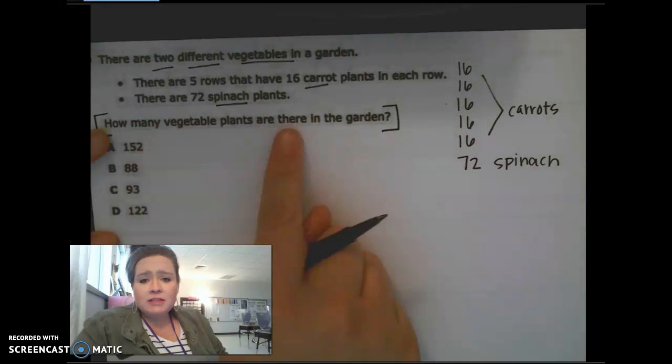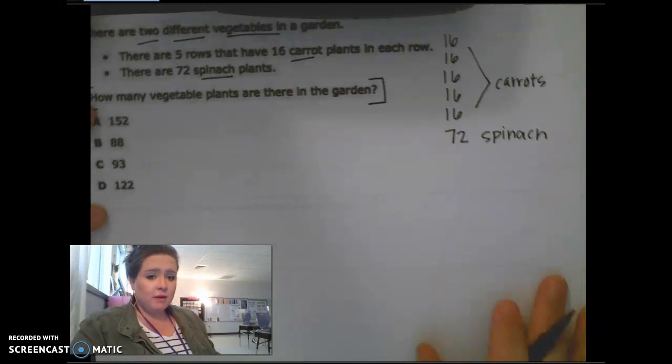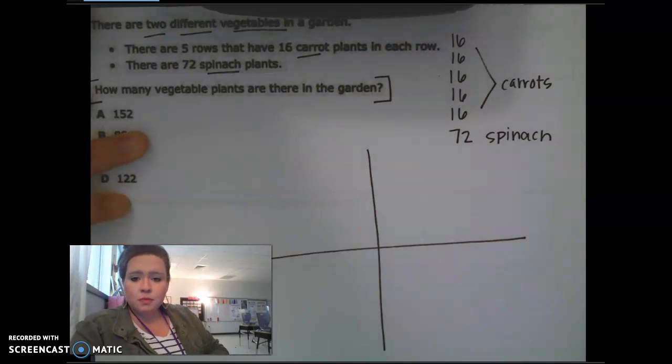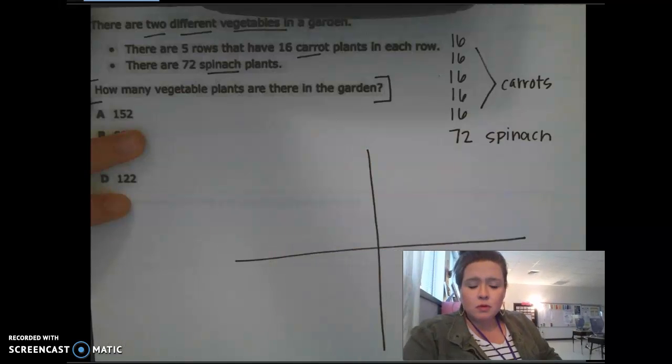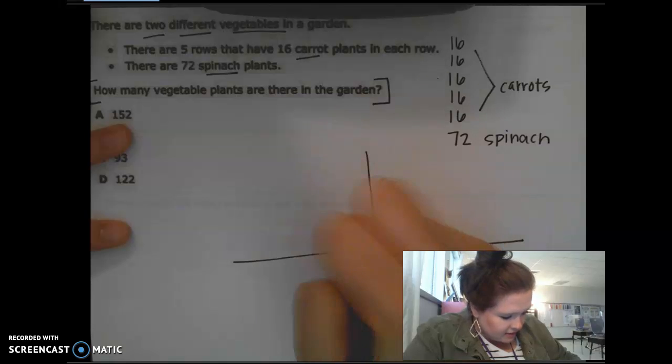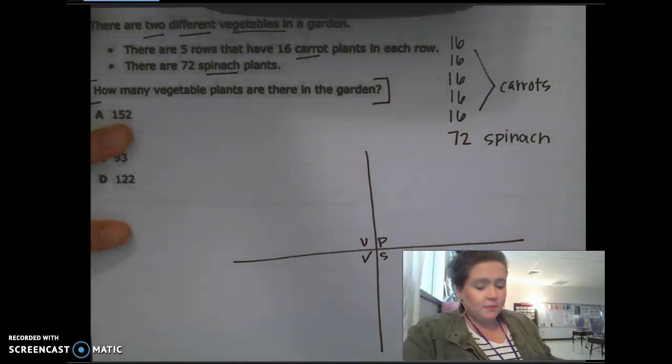How many vegetable plants are in the garden? Well, I'm going to make my UPS check. Okay, this is my U, my P, my S, and my check.